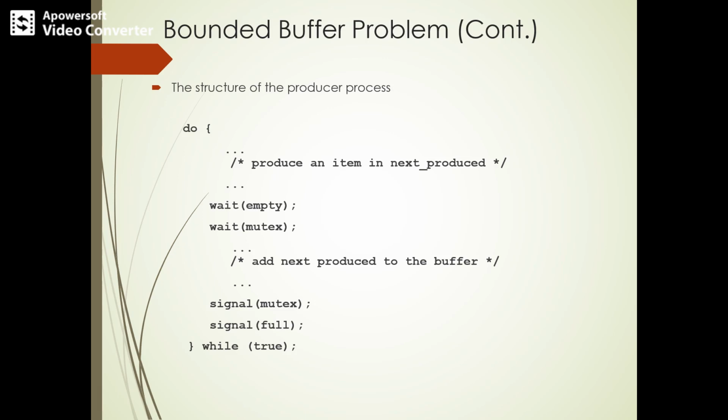It produces a single item, which is stored in nextproduced. First the item is produced, and then it has to wait on empty, which is set to the value n, so wait of empty.